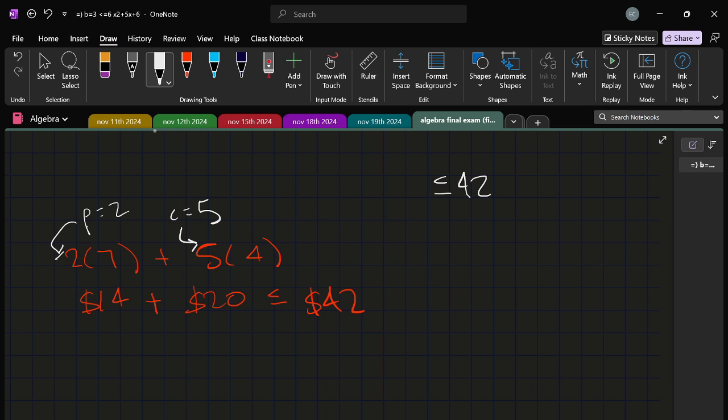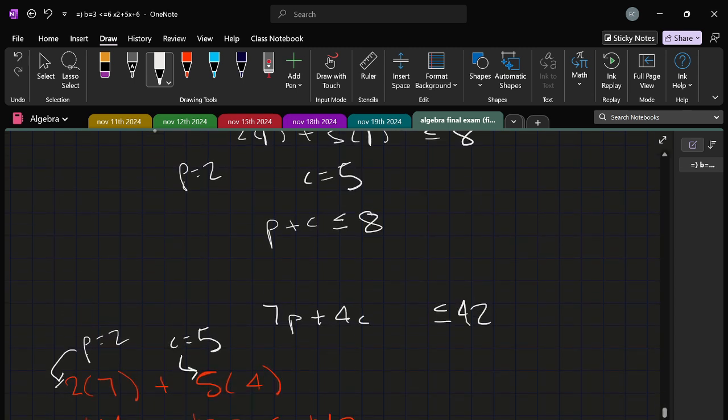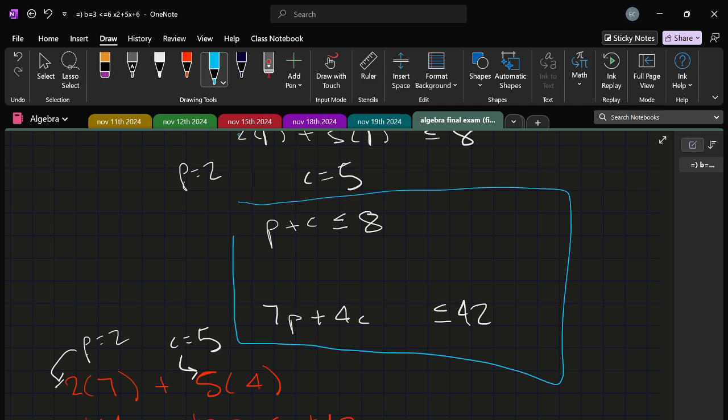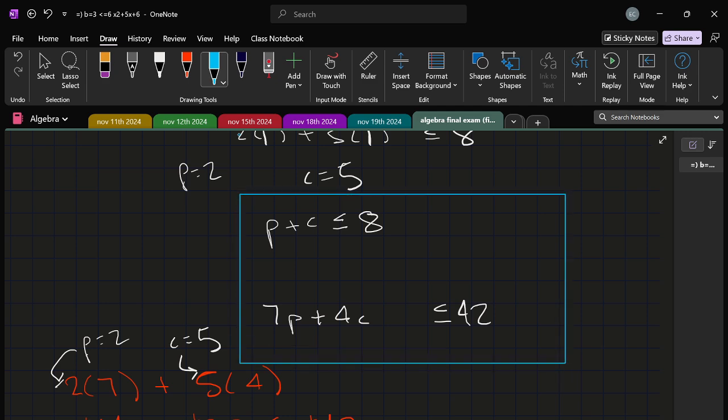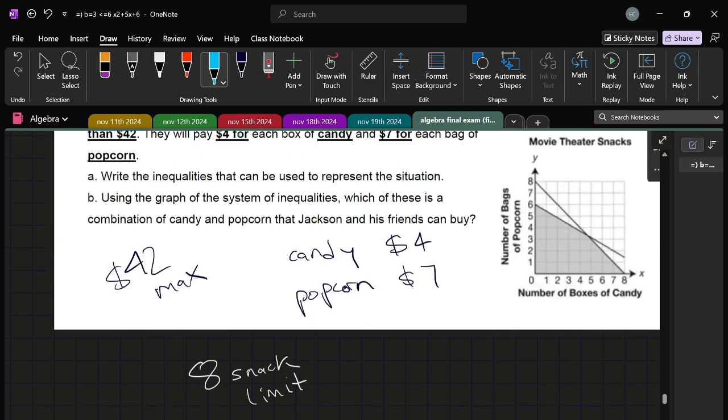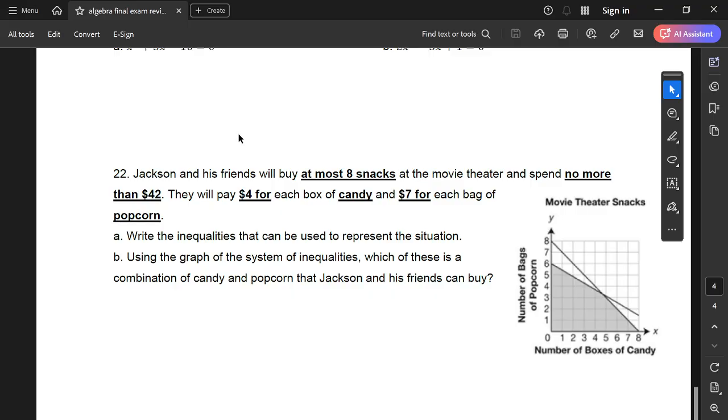And the simple answer to that is 7 times your p-value plus 4 times your c-value will give you the price. So our two inequalities set up are going to be these right here. And that is the solution to number 21.